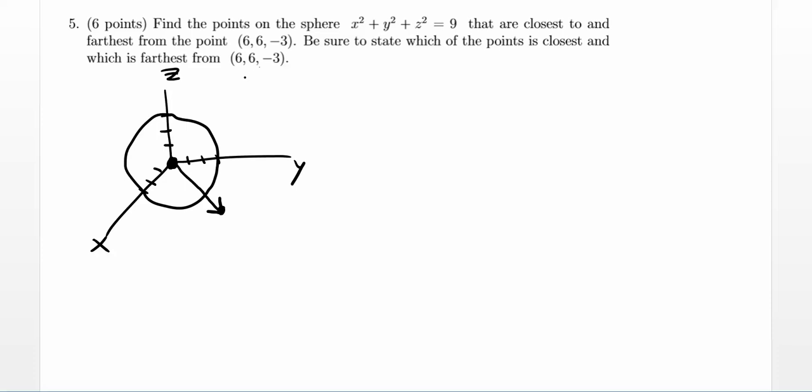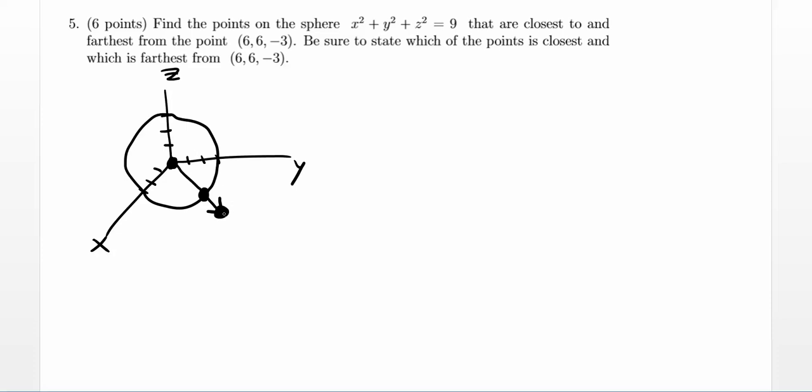It should be reasonable then to conclude that the point which lies on the sphere that is closest to this point out here in space is the point where the vector is intersecting the sphere, right here.